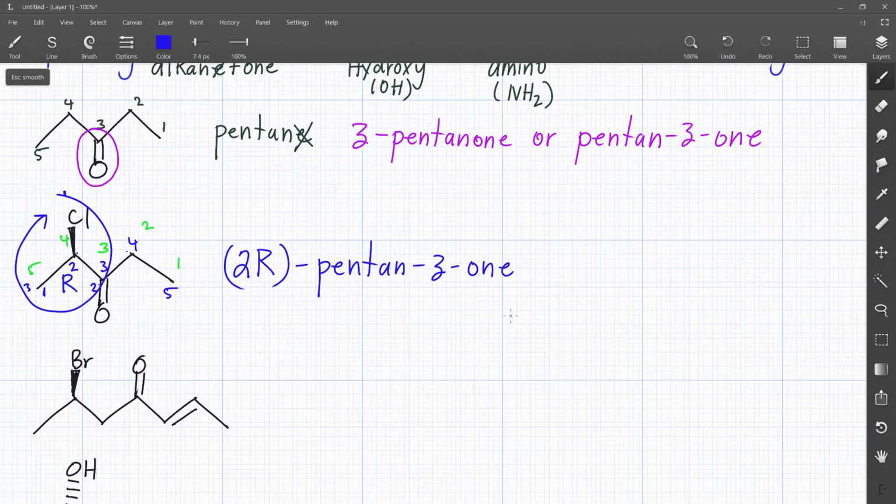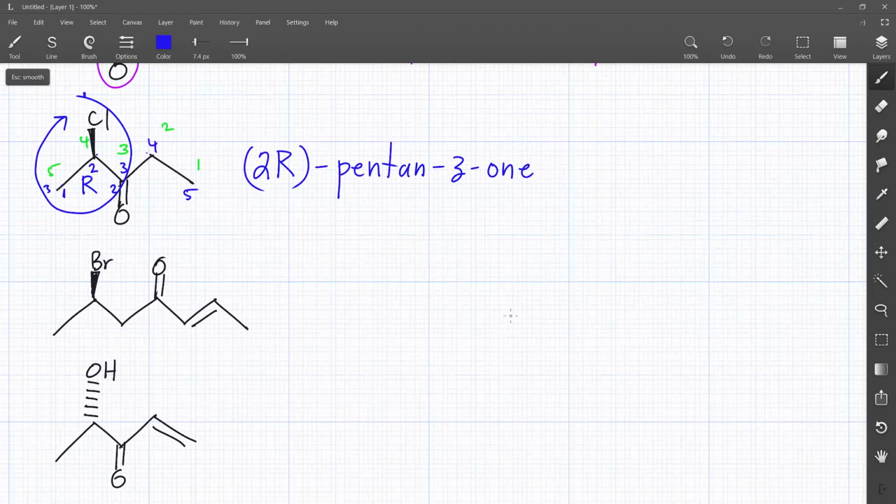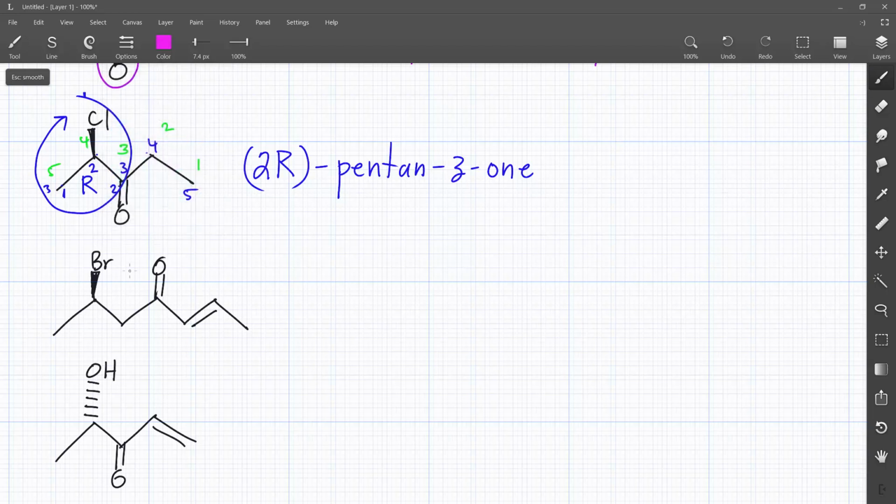Okay. Let's look at the next one with a substituent and a double bond. If we number in this direction, we get 1, 2, 3, 4, 5, 6, 7.